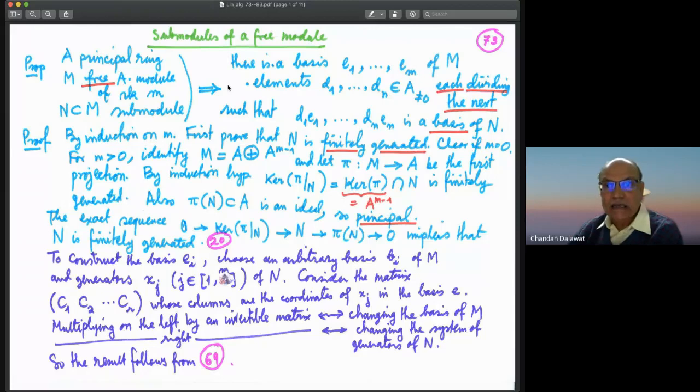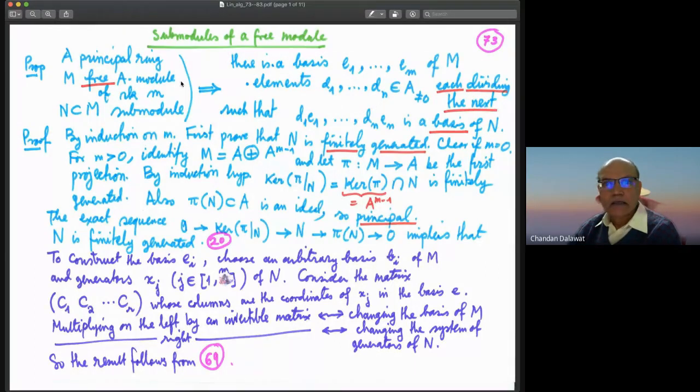So what is being said is that there's a basis E1 to EM of the given free module, and a sequence of non-zero elements of your ring A, each dividing the next, such that D1 E1 up to Dn En is a basis of N. So in particular, N will have to be a free module.